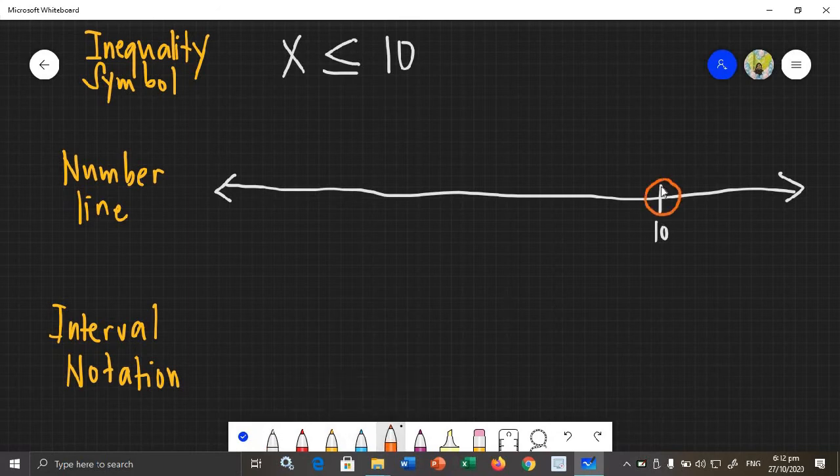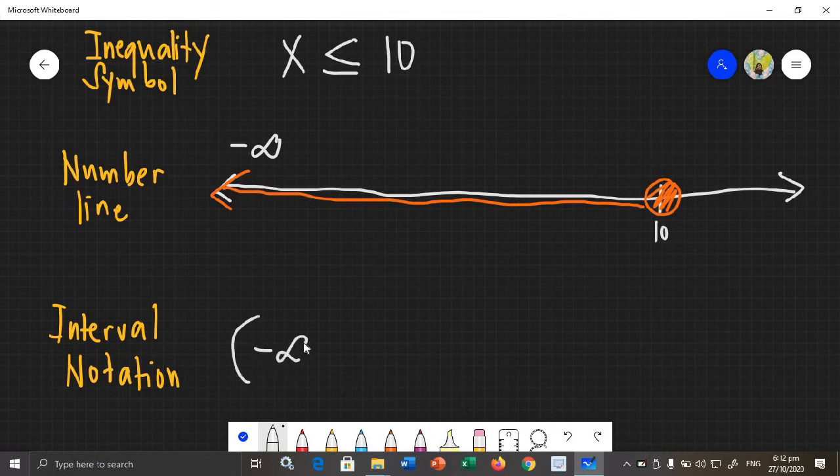And I'm going to write a shaded circle or a closed circle kasi included si 10 sa solution set. Okay? And then, up until sa left side ng number line, which is here sa negative infinity. Okay? So if I'm going to write the interval notation of this given, I will come up with this answer. So negative infinity, and then 10, and then brackets.